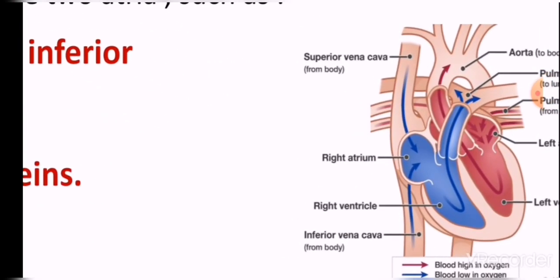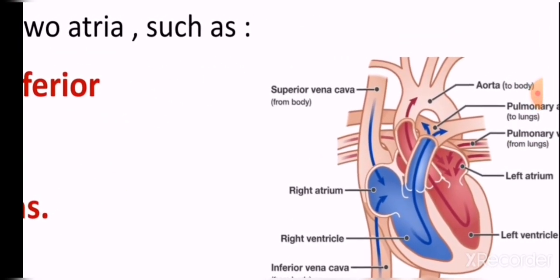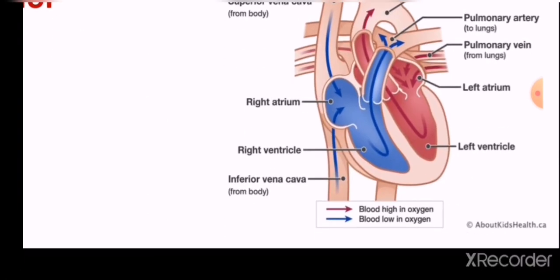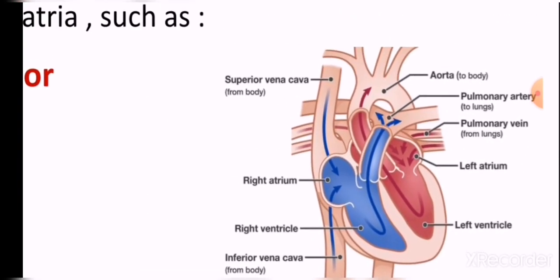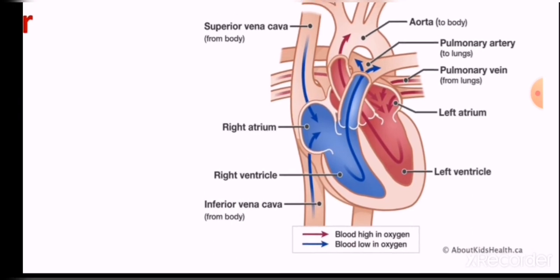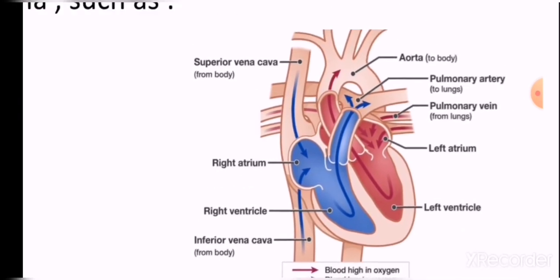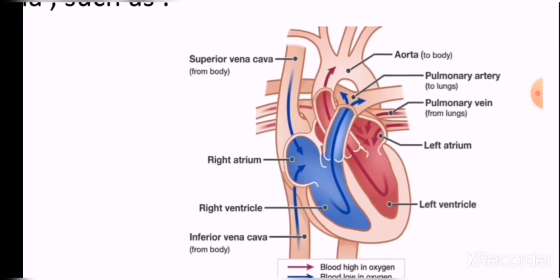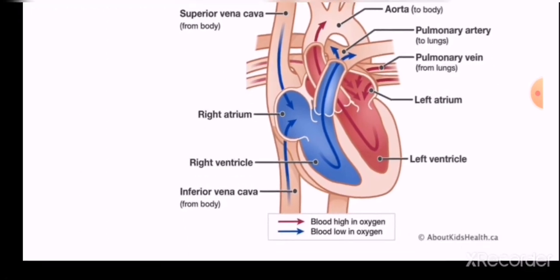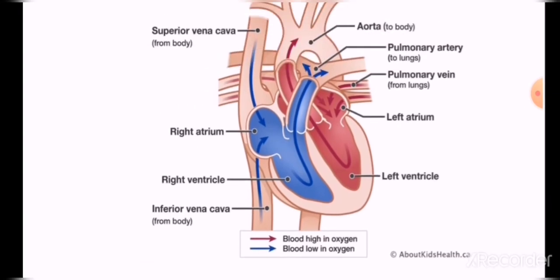Like what? Like vena cava, which is called superior vena cava and inferior vena cava. Look at this picture. The superior, number 1, vena cava, and the last one is called inferior vena cava.